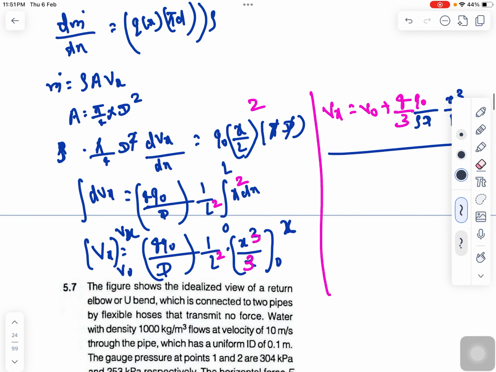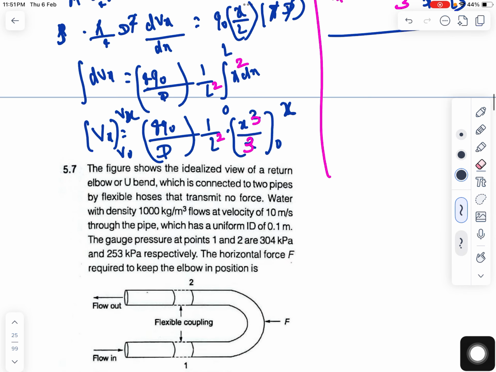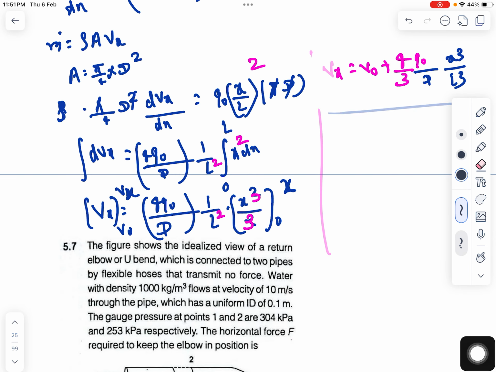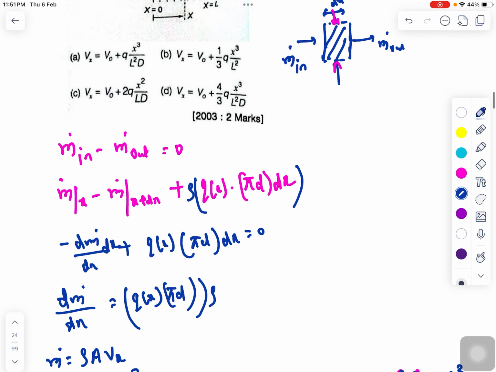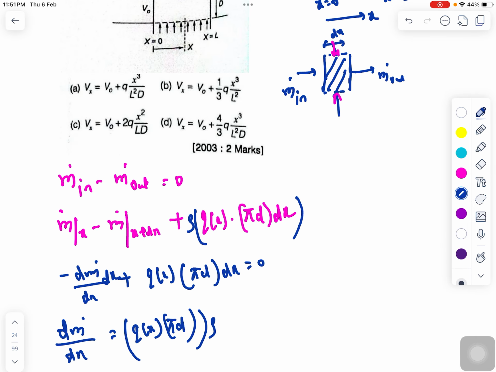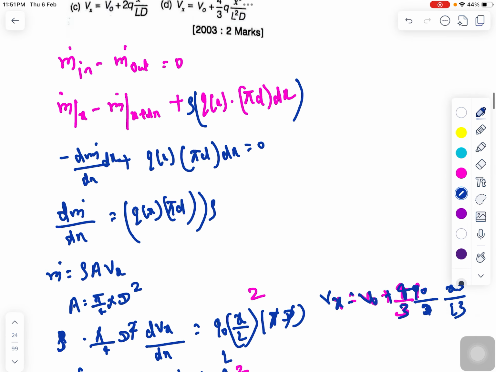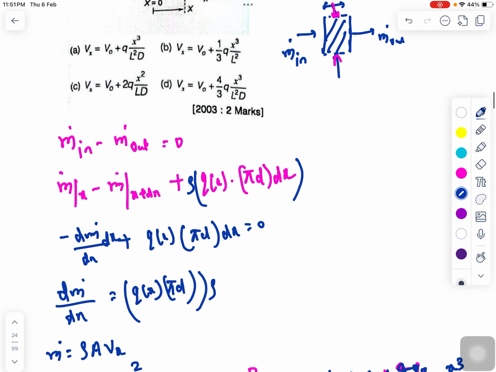So this will be your answer. The value of Vx equals V naught plus 4 Q naught divided by 3 d into x cube by L square. Yes, so I think from here option D will be your correct answer.